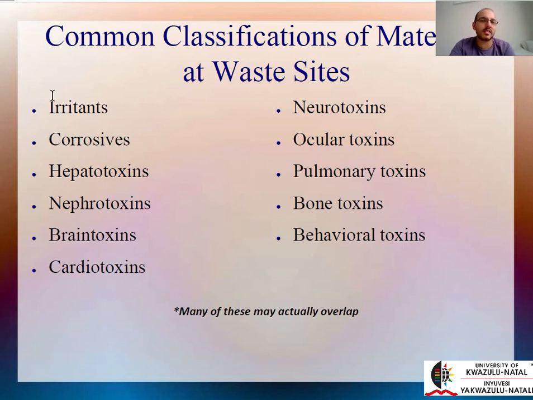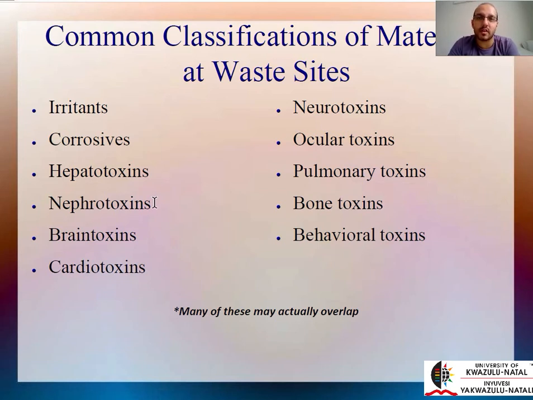Your irritants typically just irritate, they cause inflammation to various parts of your body, or even rashes on your skin. Hepatotoxins typically attack your liver, so they damage your liver. Nephrotoxins are toxins that cause damage to your kidneys. And remember, as I said, theoretically any chemical is toxic.